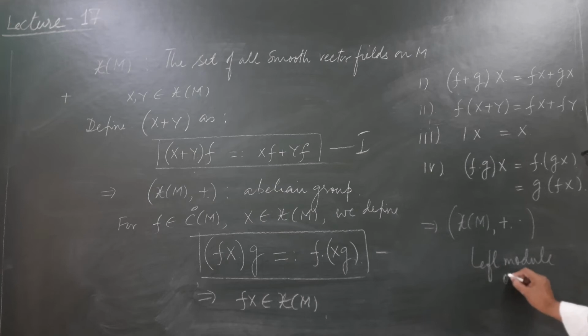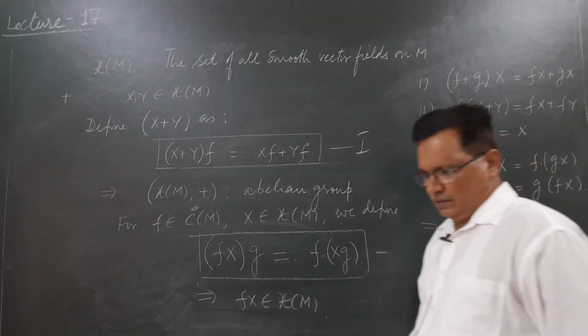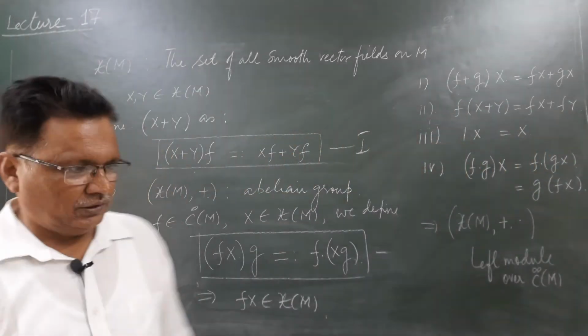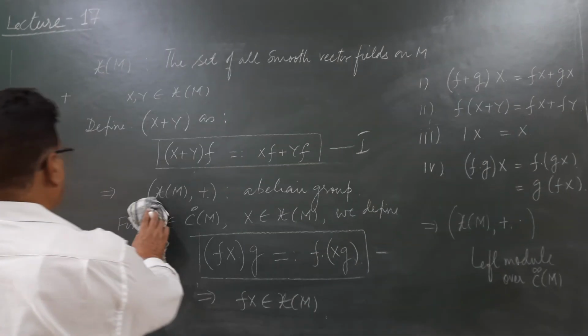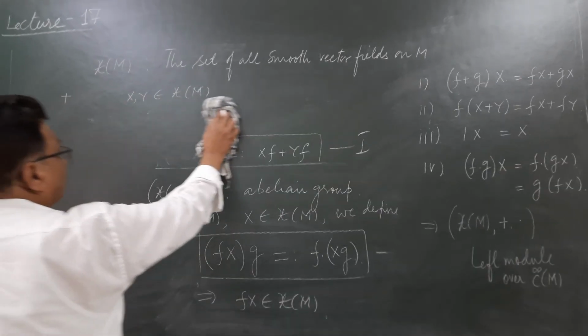Over what? Over ring कौन सी है इसकी? C infinity है. So space of vector field is in fact a module. But there is a multiplication also of vector fields which is defined as follows.